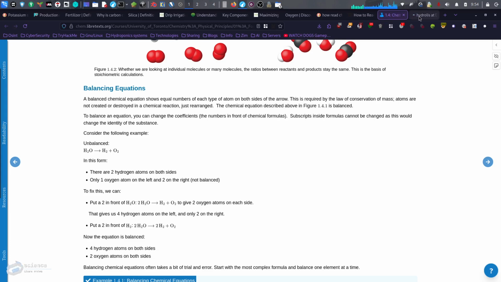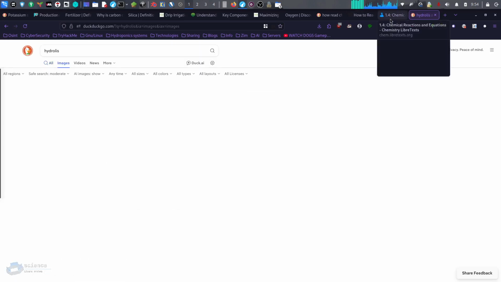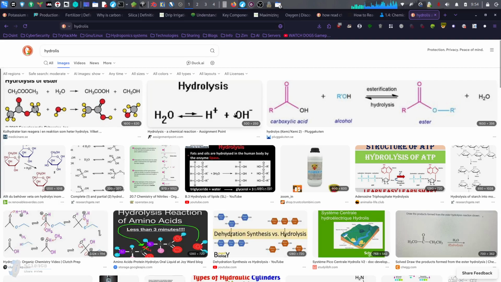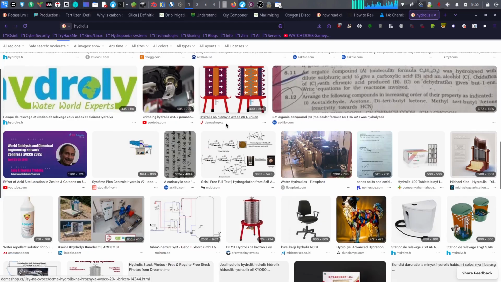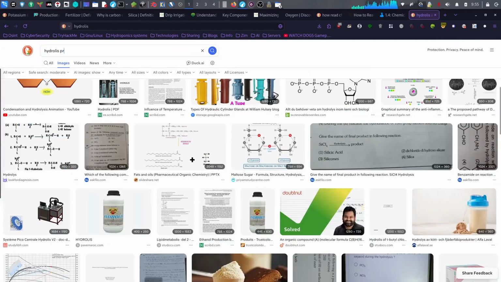We put electricity in and the water makes bubbles. Oxygen, or water divides into hydrogen and oxygen. Take a minute. Hydrolysis process.